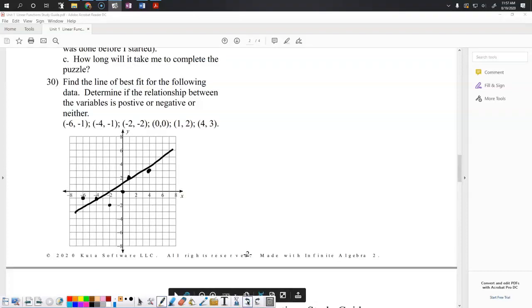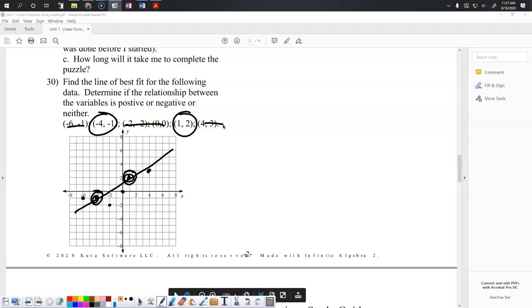Okay. The next thing that we're going to do is we're going to find the equation of that line. So pick any 2 points on the line or that are closest to the line and use those points. So I'm going to use the point (1, 2) because that's on the line. And I'm also going to use the point (-4, -1) because that's also on the line. The rest of them I don't care about now. I'm going to use those 2 points to estimate what the equation of that line would be.